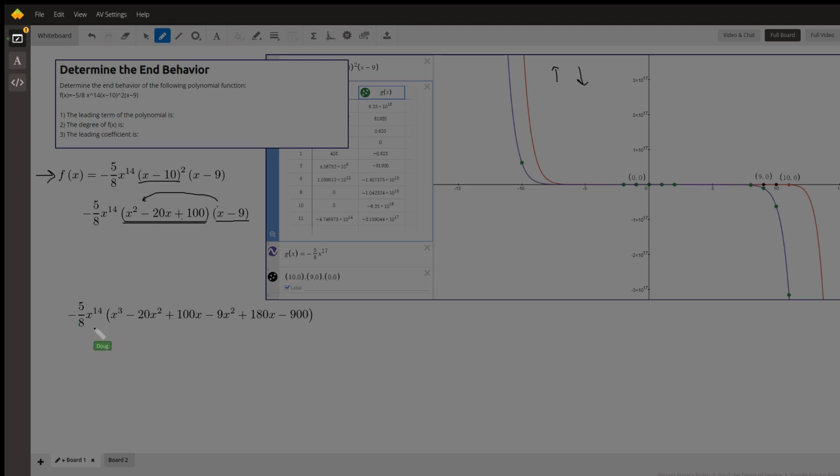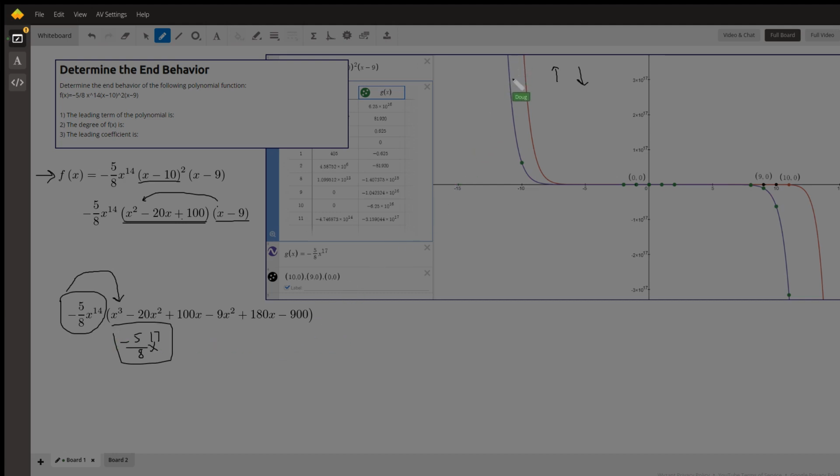Now, if you distribute this negative 5/8 x to the 14th, you get the leading term, negative 5/8 x to the 17th. That's the term that determines the end behavior because it's got the highest exponent.